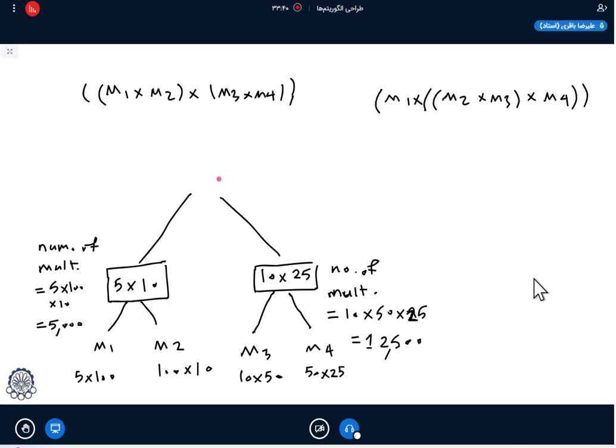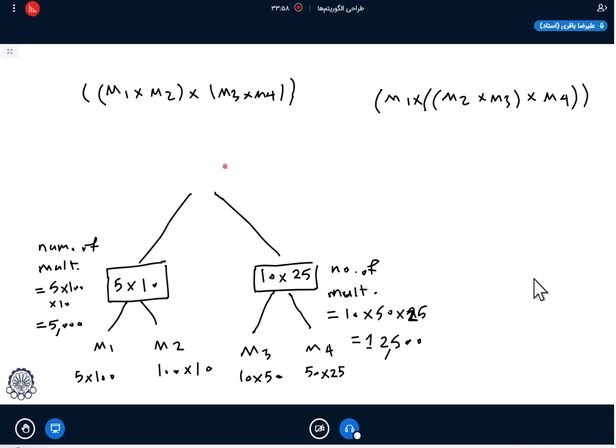Okay. And then a 5 multiplied by 10 matrix is multiplied by a matrix that has dimension 10 and 25.